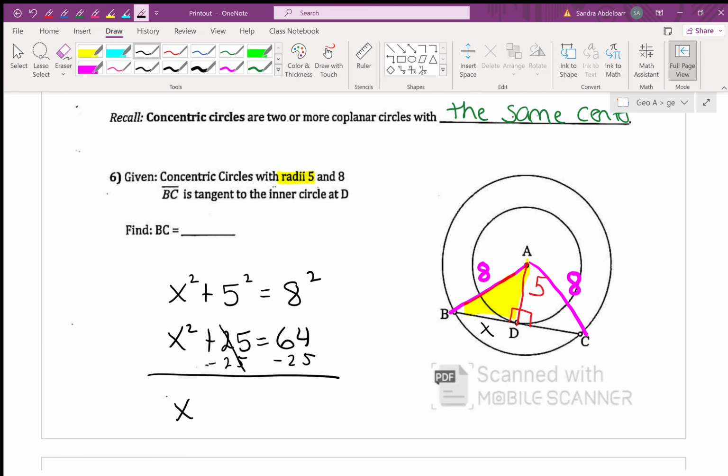So we're going to have x squared equals 39, you're right. Square root both sides, x will equal, technically plus or minus root 39, but could a length ever be negative? No. So it's just root 39. So then BD is root 39.